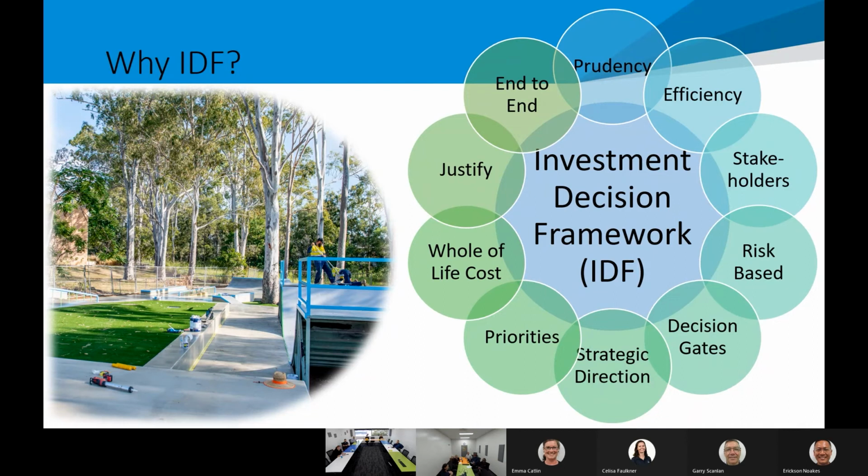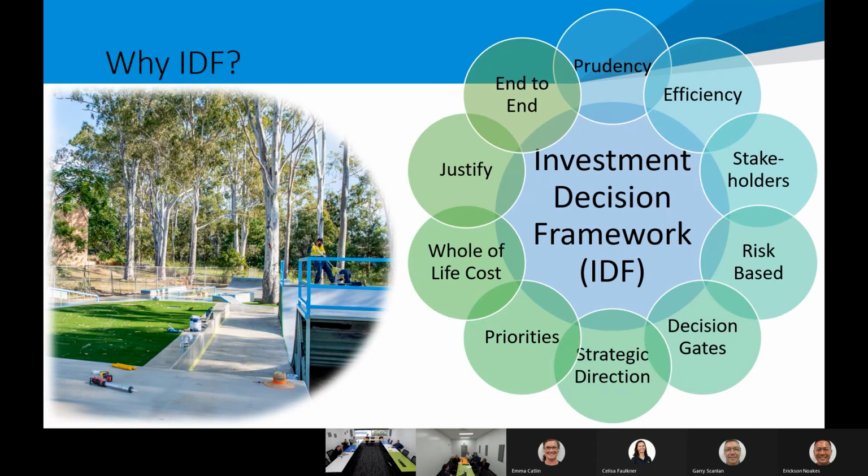Let's try again. So why IDF? All the things on the screen there about being prudent, efficient, our stakeholders are involved, we're risk-based decision making, we've got gates that are holding us up and making good decisions, we're aligning to strategic directions. We have our priorities really clear and we're prioritising the work we're doing and when.